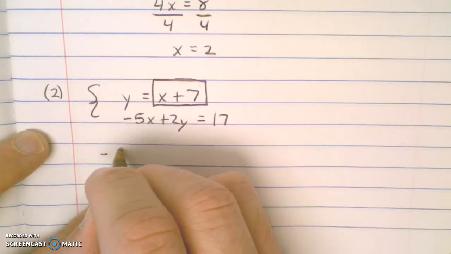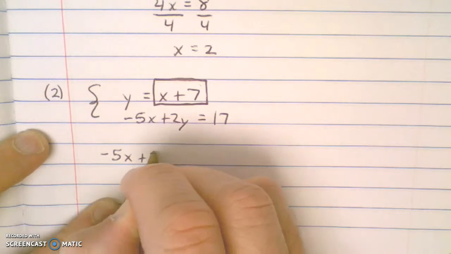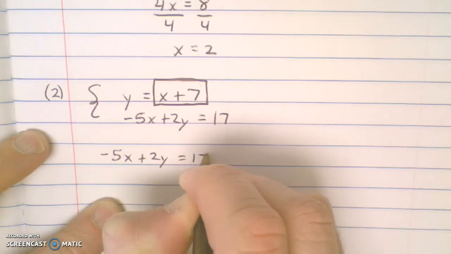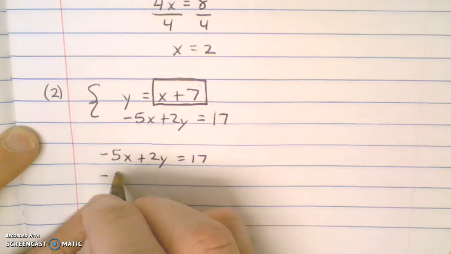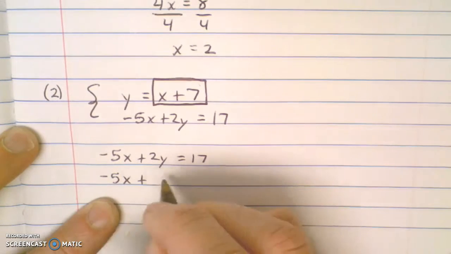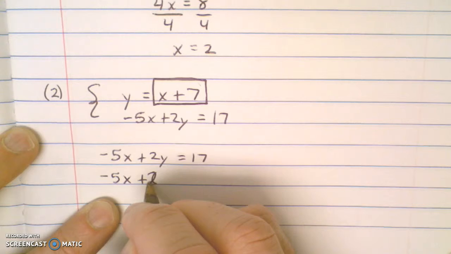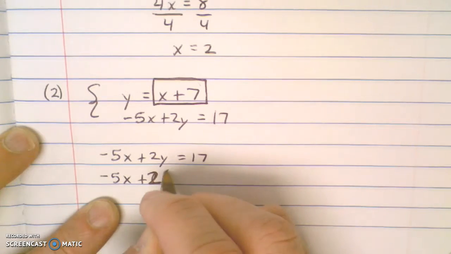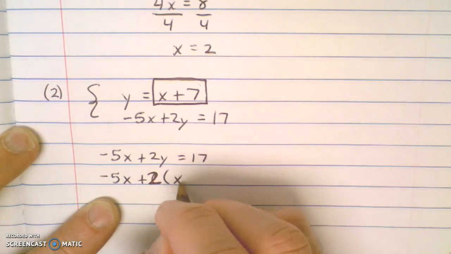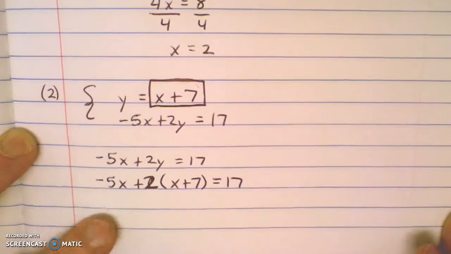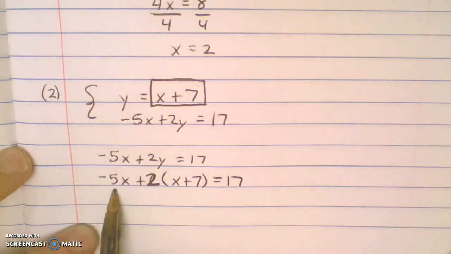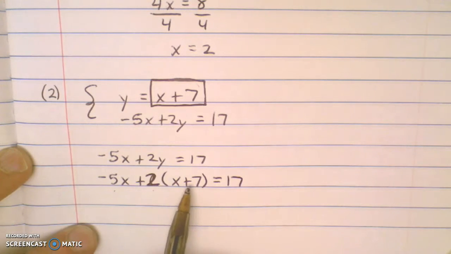So I'll rewrite my equation. I'm going to replace this whole value for the y. So the 2 is still in front, and then I'm going to put in parentheses the whole thing inside of that box. So negative 5x plus 2 parentheses x plus 7.